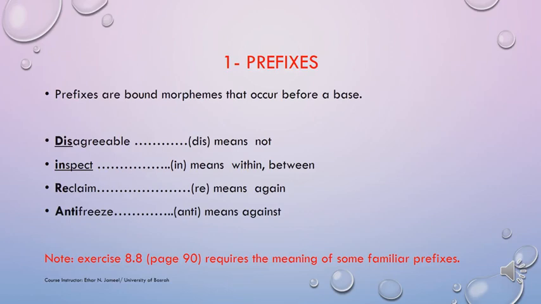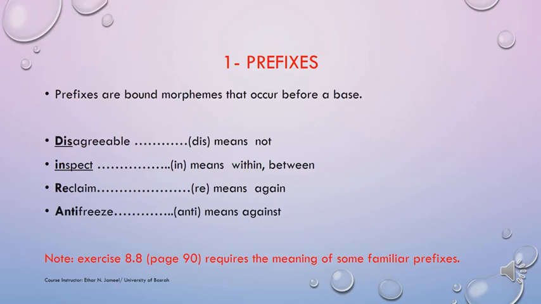And it comes before the base agree, so it is a prefix. Why is it a prefix? Because it comes before agree. Able is a suffix. Later on we will talk about suffixes because able comes after agree. So this is a prefix because it comes before the base agree.